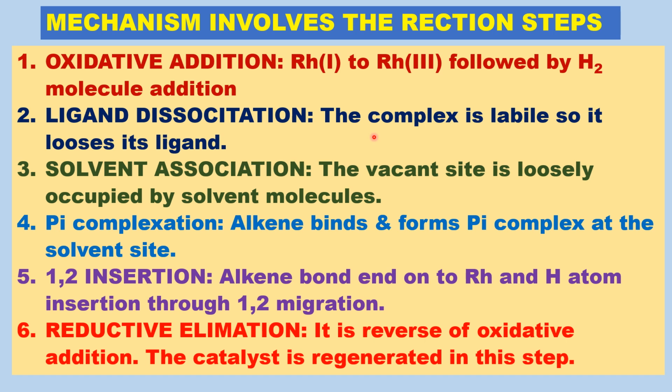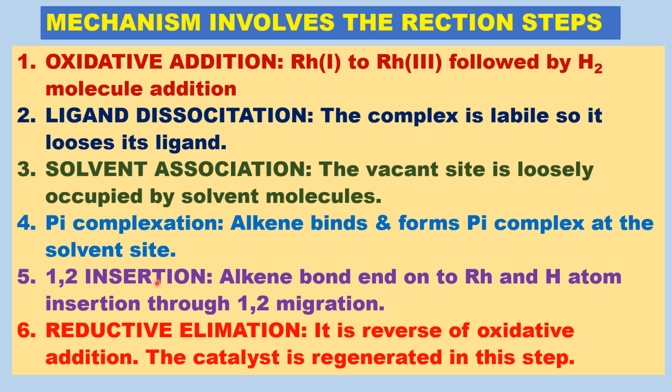Ligand dissociation: the rhodium complex is labile, so it loses one of its ligands so that alkene can bind. The vacant site is loosely occupied by solvent molecules. And pi complexation: alkene binds in the solvent molecule site and forms a pi complex.